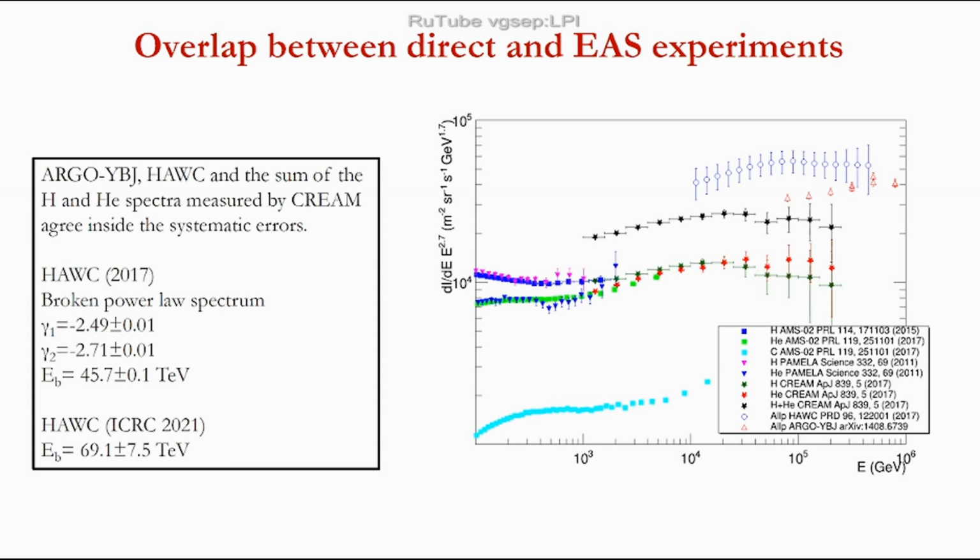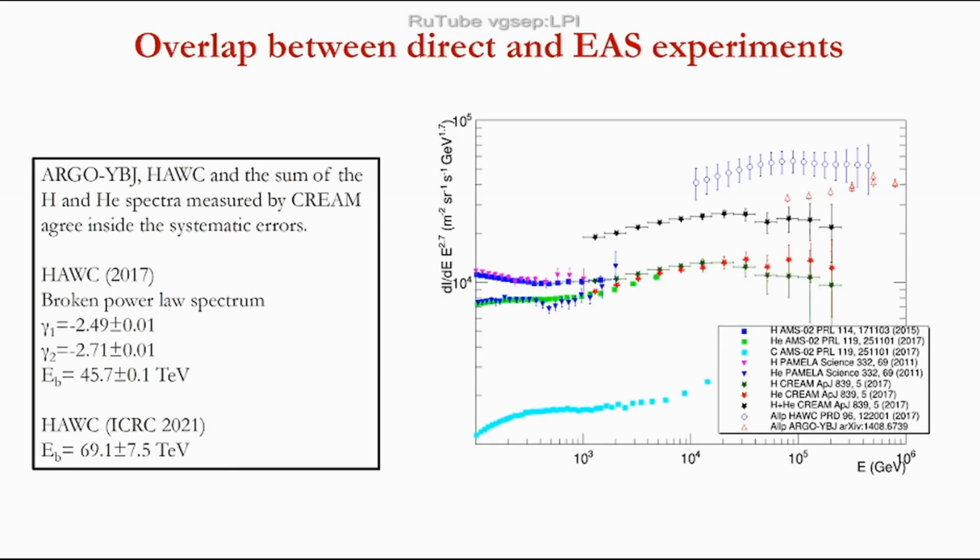So we don't know the exact energy scale, but we must always remember that no matter which technique we use to measure the cosmic rays, we must be very, very careful on the absolute energy scale calibration, both from direct measurement and from high altitude experiments, and more and more important when we go to higher energy experiments like those studying the knee. Okay.